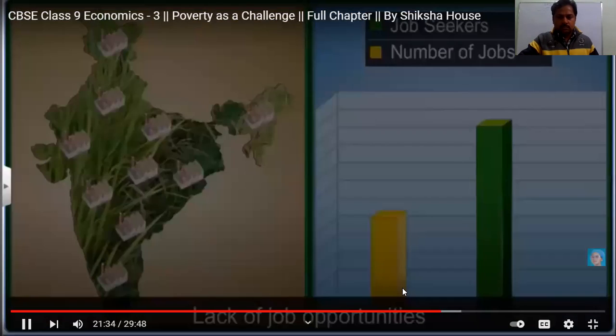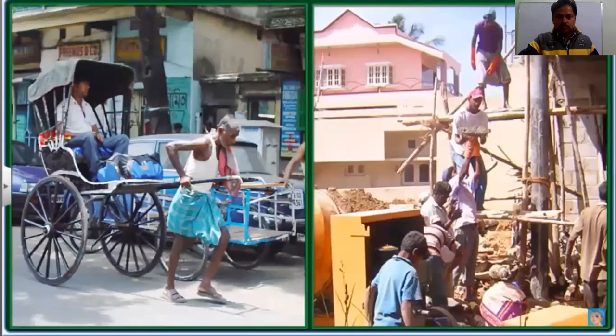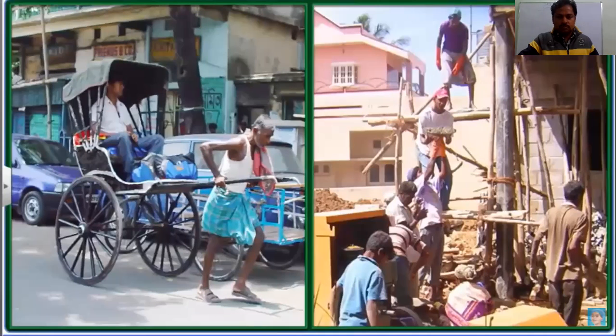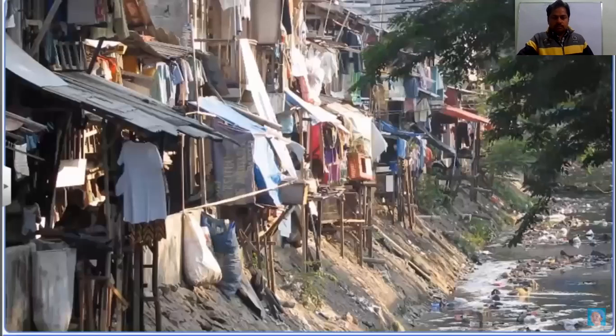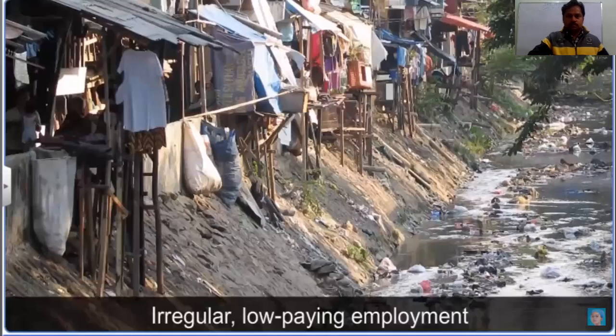The people migrating from villages to cities in search of better employment usually got engaged in jobs of casual labor. People with such irregular, low-paying jobs could not afford a decent living, and thus poverty spread to urban areas too.